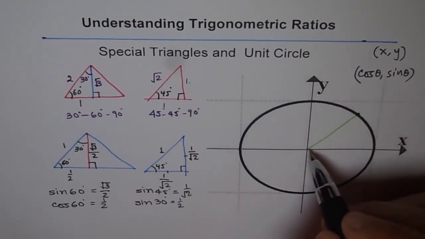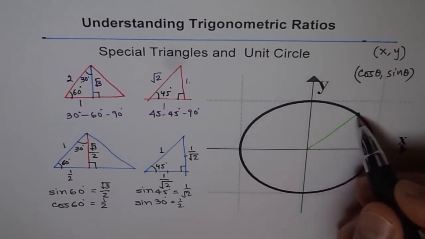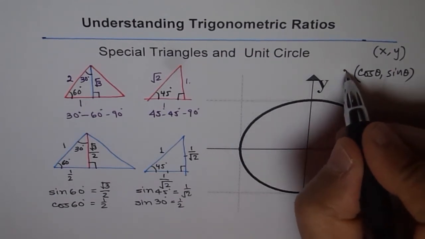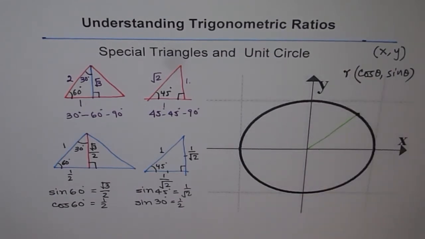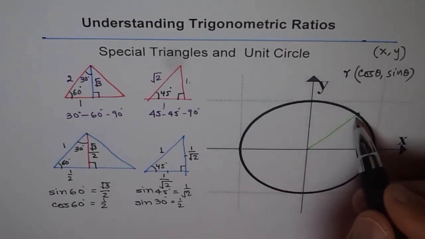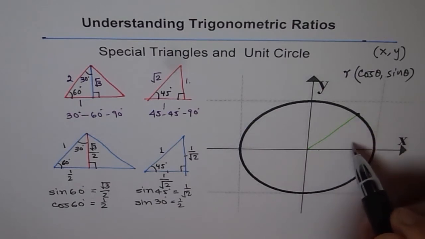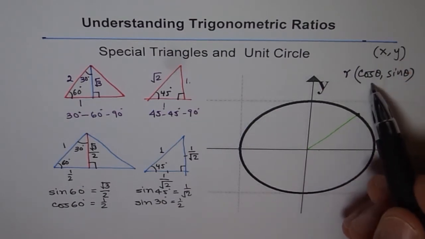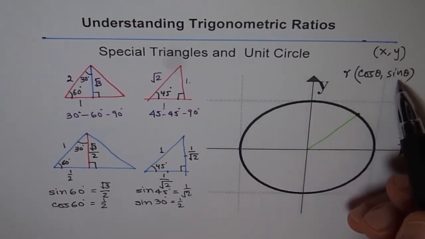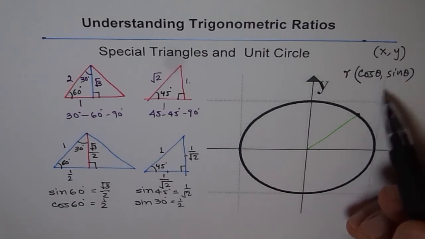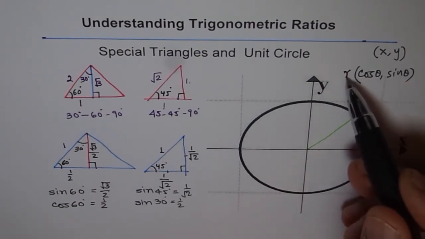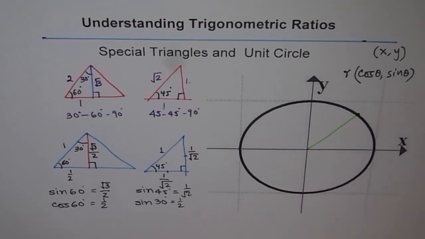Now, this is when the radius is 1. If the radius is r, they get multiplied by r. That is how a polar coordinate or a coordinate on a plane can be specified. So x value corresponds to cos and y corresponds to sine. And if the radius is not 1, but r, something else, then they get multiplied by r.